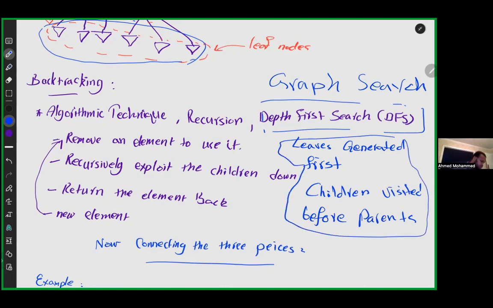But the general approach is that you remove an element and you use that element to generate a child. You exploit the children of that element further till you reach a leaf. Then you return back till you reach the root and you get to the other path.